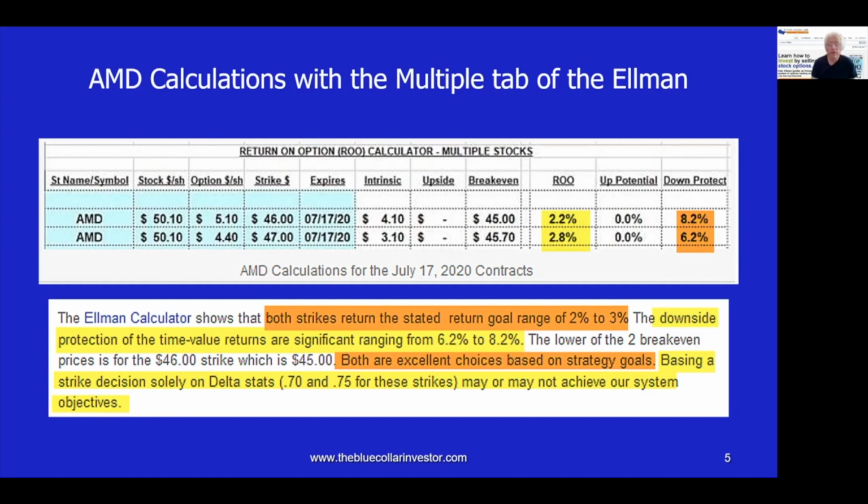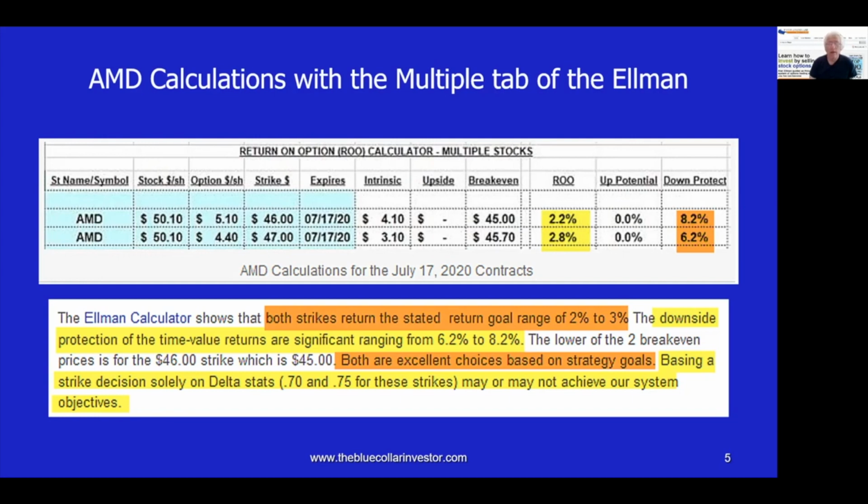However, if you take a look at the downside protection of those two premiums, you will see that the 46 call had greater downside protection, 8.2%, whereas the 47 call still had a significant but lower downside protection of 6.2%. So one strike offered a slightly lower but still significant return of 2.2% with greater downside protection of 8.2%. And the other gave a higher initial return of 2.8% with a slightly lower downside protection of 6.2%.